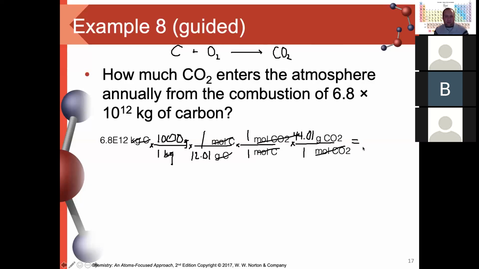So if I put this into the calculator, 6.8 times 10 to the 12th multiplied by 1,000 multiplied by 44.01 divided by 12.01. I get how many significant figures here?